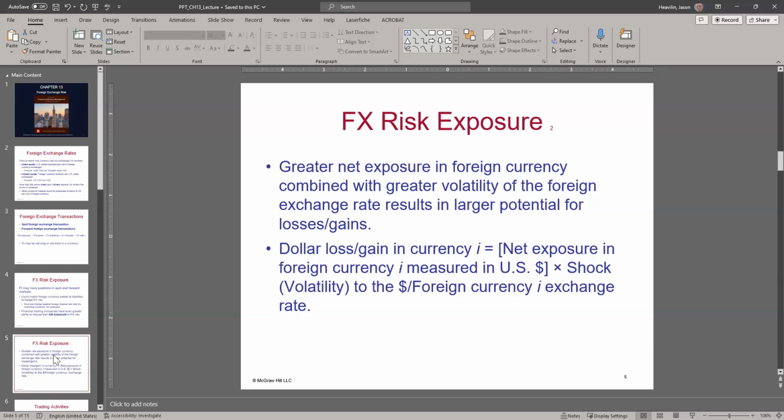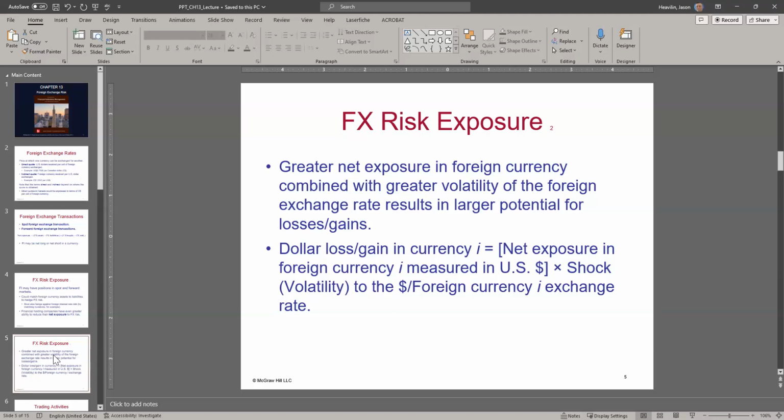Okay, dollar loss gain in currency I. This is a formula. I know it doesn't look like a formula because of a lot of words, but what they're saying is that if you want to calculate your loss or gain in a currency, I being whatever XYZ currency, what you do is you take the net exposure that you know how to calculate now, measured in US dollars if you're in the United States.